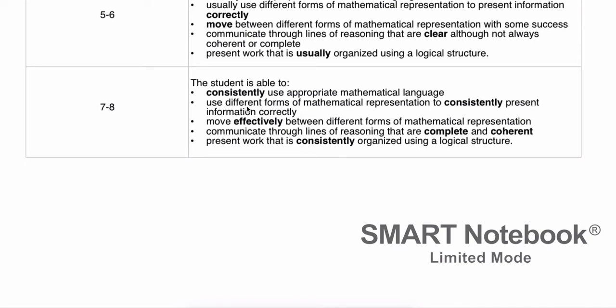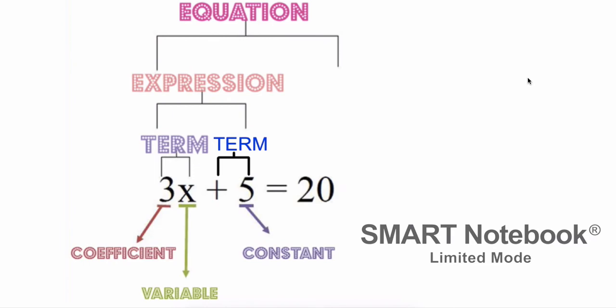So the first one, consistently use appropriate mathematical language. So what does that mean? Here we are in algebra unit. So when you are trying to explain your work in communication task, try to use the proper terminologies. For example, previously we have learned about term, for instance, coefficient, variable, constant, expression, and equation.